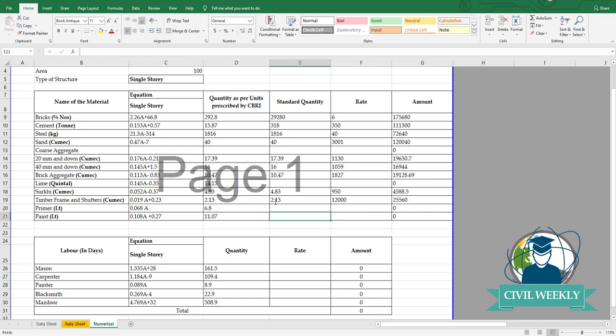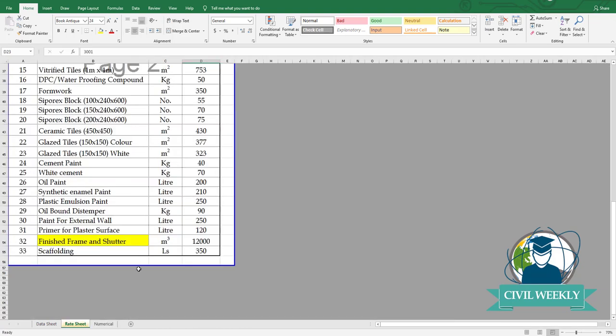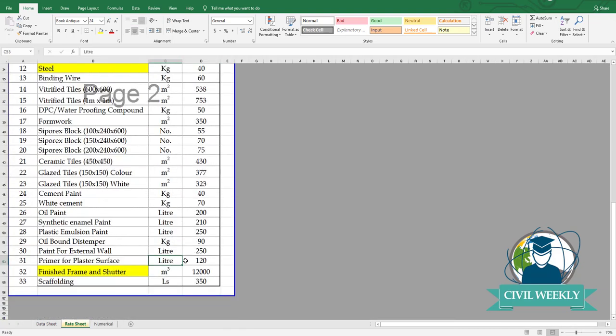Primer and paint is in terms of liters. So this we have got in terms of liters. We'll just have to check the rates. Rates are also in terms of liter. The rate is 120. And the paints, so whatever paint you have to provide, synthetic enamel paint or plastic emulsion paint, whatever paint you like, you can use it. It is also in terms of liter, and the rate is 250 rupees.